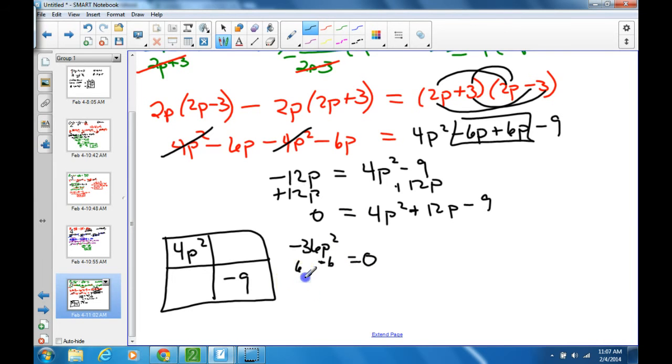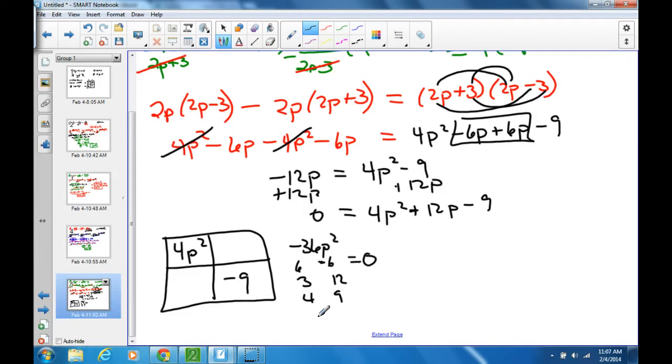3 and 12? 3 and 12 doesn't work either, right? Because we need to end up being 12. 4 and 9? We don't have anything, do we?